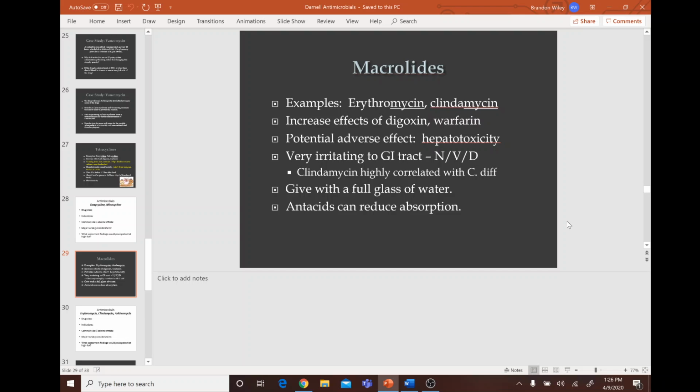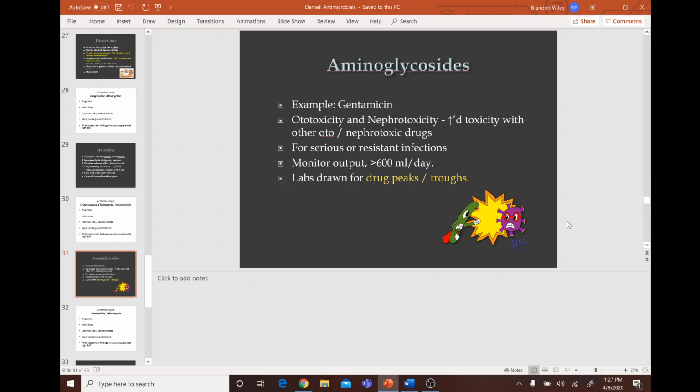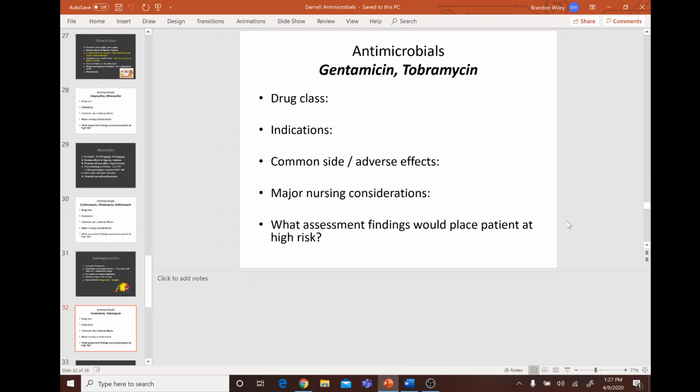Increased effects of warfarin and digoxin, and if you take antacids with them, they actually reduce the absorption of macrolides. What should you take with macrolides? Take them with a full glass of water. Clindamycin is highly correlated with what disease? C. diff.